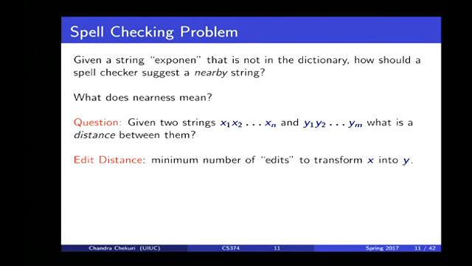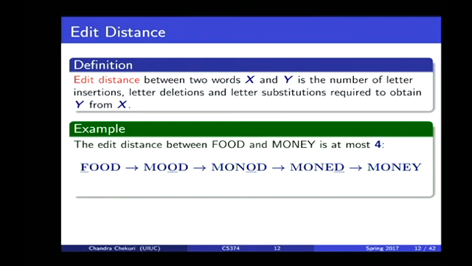In the context of spell checking, one thing to think about is how many edits I need to do to the string x to get to string y. That's called the edit distance. How many things do I need to correct to go from string x to string y? Here are two strings, food and money.